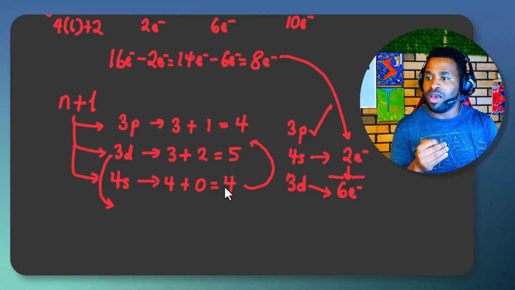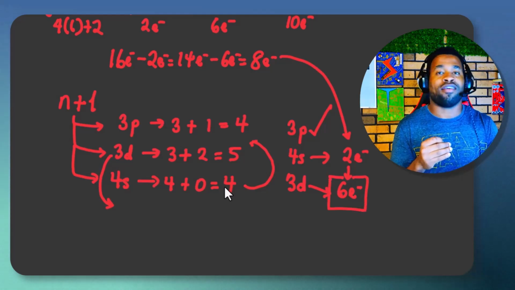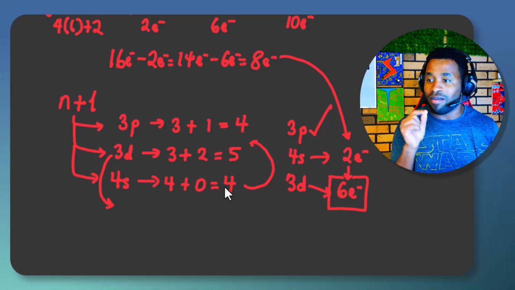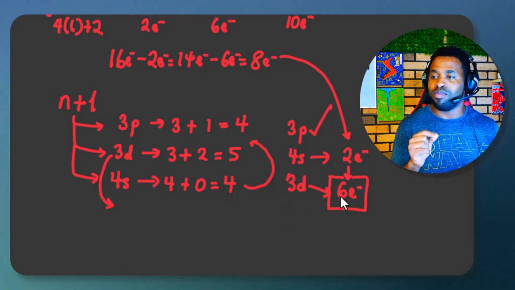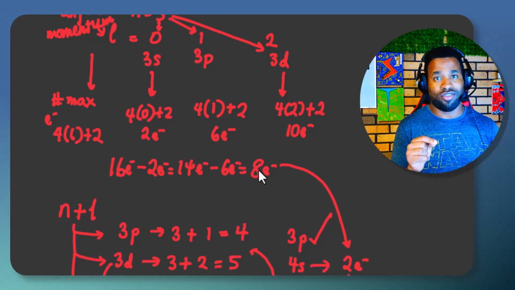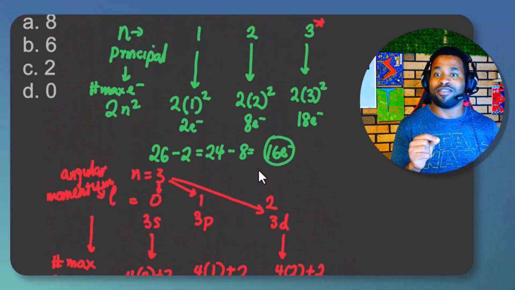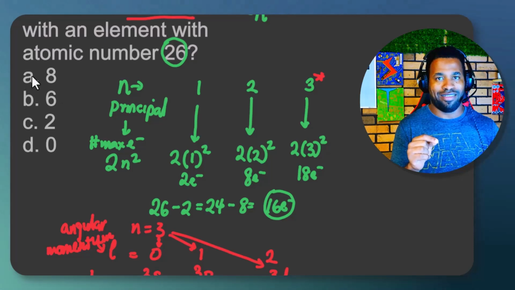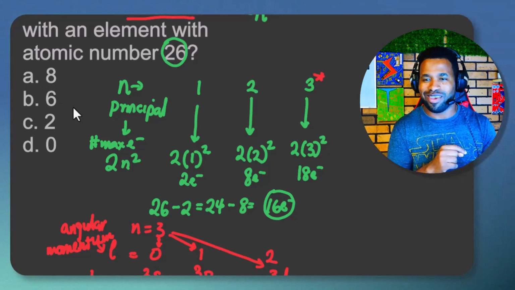And so in here our final answer is what? 6 electrons are going to be in the 3d orbital, not 8 electrons. And so our final answer is not 8 here, but it is what? 6.